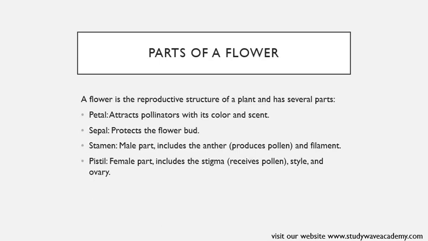Pistil. Female part includes the stigma, style, and ovary. The pistil is the female part of the flower and it includes three main parts. The stigma collects or receives the pollen.